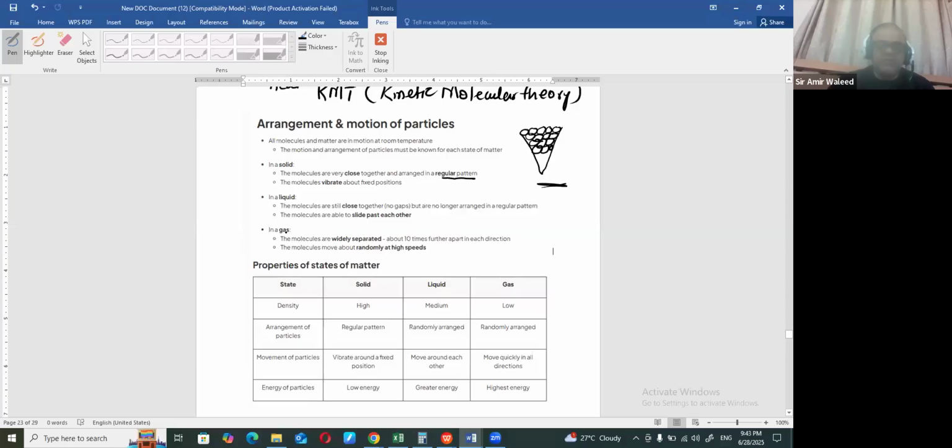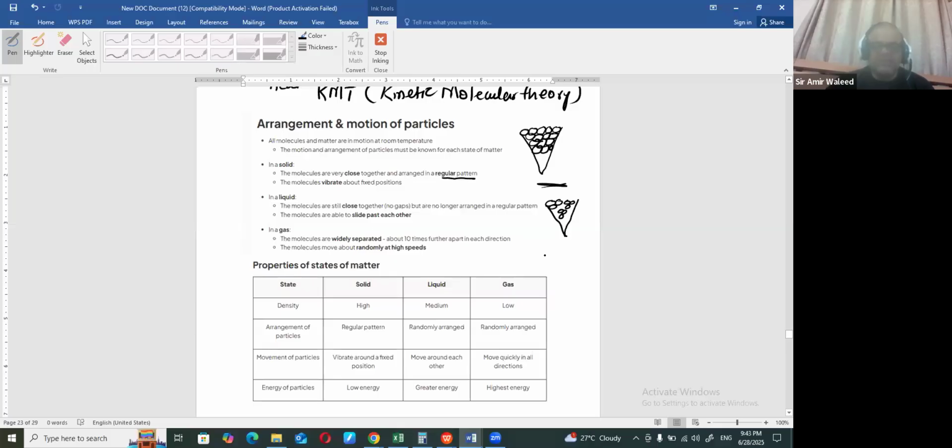As for liquid, the particles are still very close, but not as close as in solids. They are like this, in the form of clusters. They are nearby, but not as near as solids. There are gaps. They are in a regular pattern, but definitely, as I just told you, not as regular as solids. The particles move by sliding past each other because they have spaces between them.